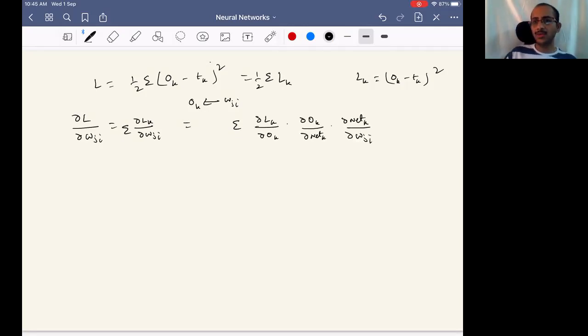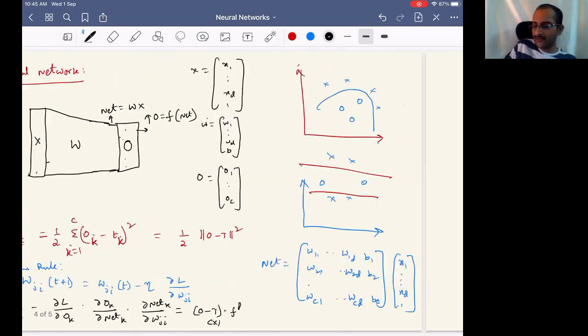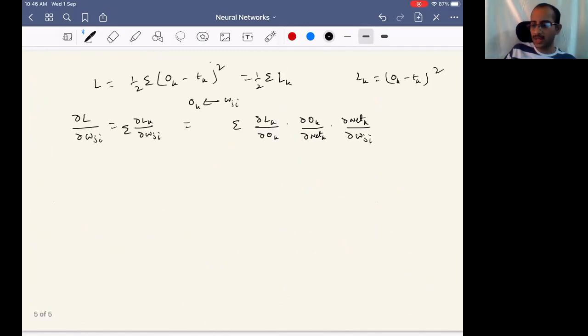Is this fine now? Previously we were trying to write in vector form directly. Let us first write the scalar form and then go there, with k equal to 1 to C.